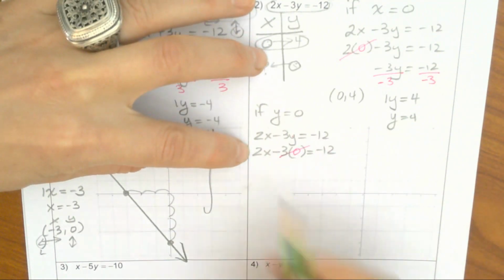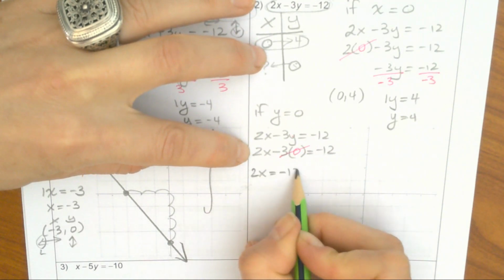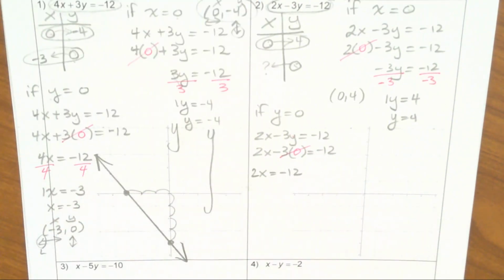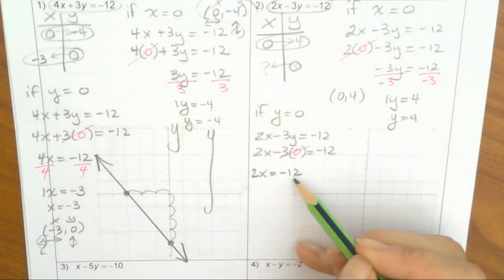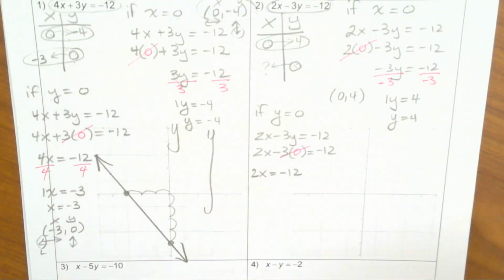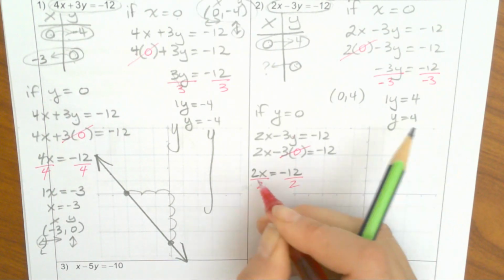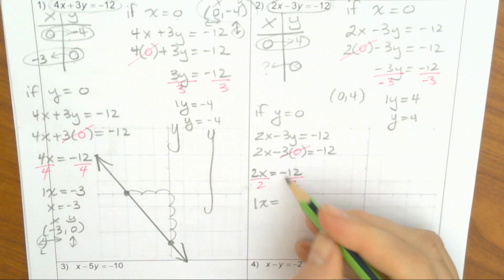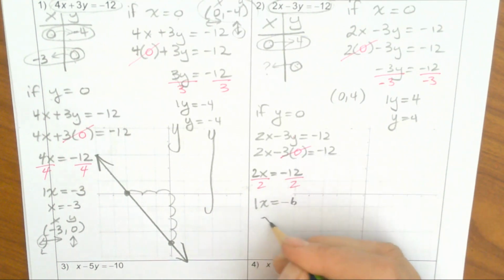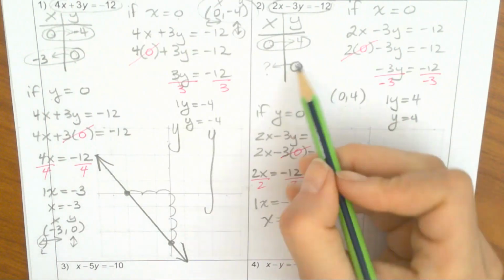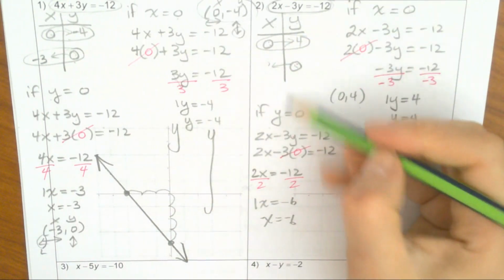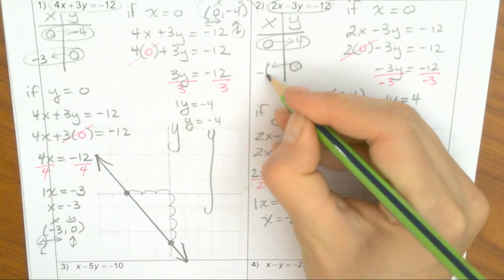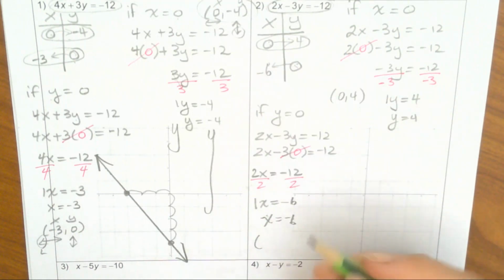So I really just have 2x equals minus 12. Now x needs to be alone, so do I get rid of the 2 or the 12? Yeah, the 2, because x wants to be alone. So divide by 2, divide by 2. 2 divided by 2 is 1, so that's really 1x equals, they're not the same. That's a negative, that's a positive, so it's going to be negative. 12 divided by 2 is 6. So x equals negative 6. So here, if y is 0, x is negative 6. So that's my last point. Negative 6, 0.